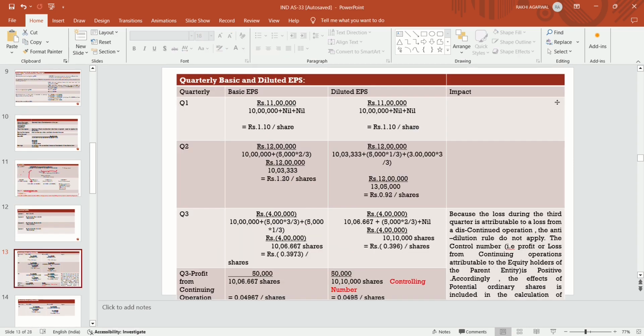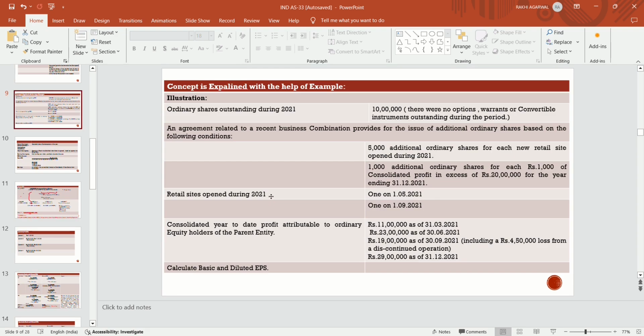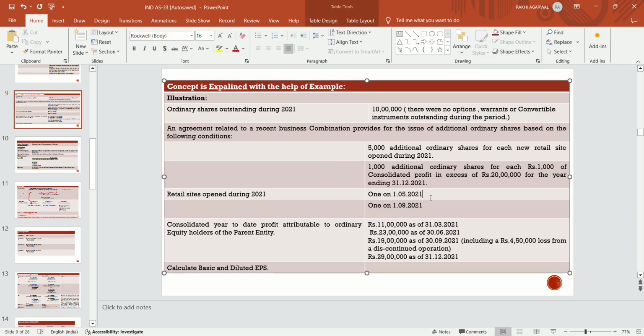Now we have to calculate quarterly the basic and diluted EPS. In quarter 1 the basic EPS is, because the quarter 1 profit is 11 lakhs. In quarter 1 the number of shares is 10 lakhs, but there is no contingency effect given in quarter 1 because the store is open from 1st May, which falls in the second quarter.